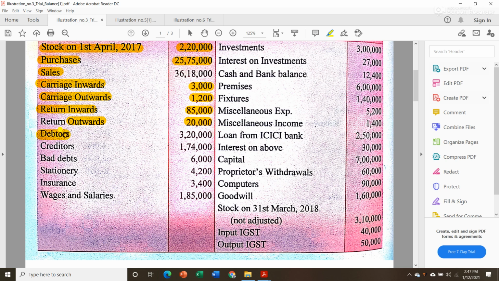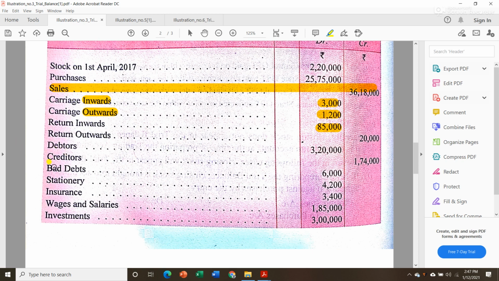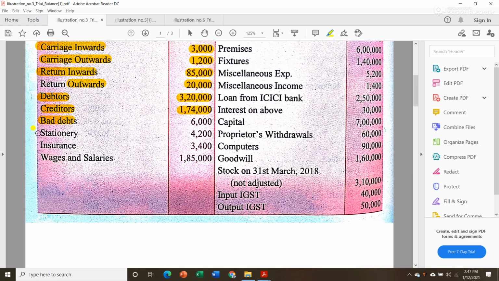Then we have debtors. As we know, a debtor is our asset, so it will show a debit balance. Creditors is our liability, so it will show a credit balance. Then bad debts is nothing but our loss, and we know that losses are always recorded on the debit side. Then we have stationery.